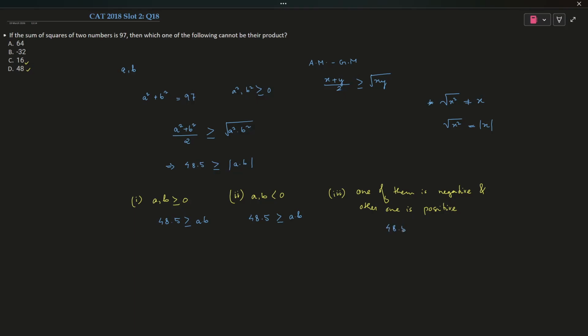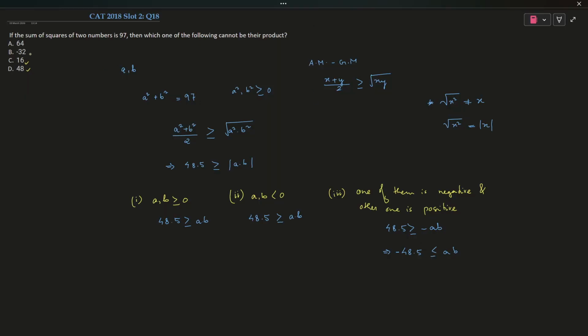So 48.5 is greater than or equal to minus of a into b. Multiplying both sides by minus 1, the inequality sign will change. So minus 48.5 is less than or equal to a into b. That means the product will be more than or equal to minus 48.5.